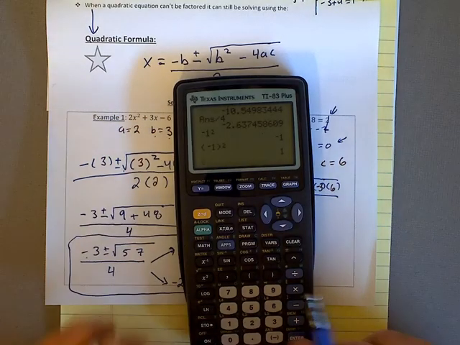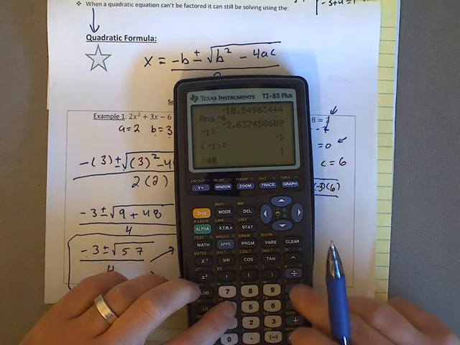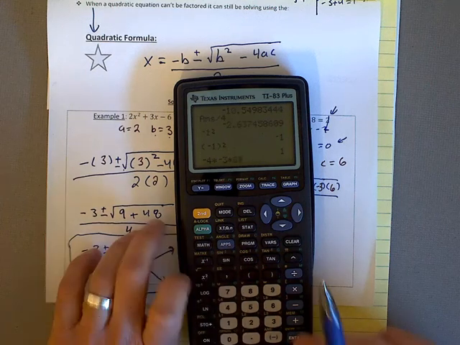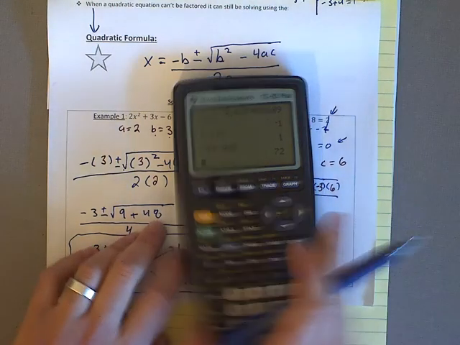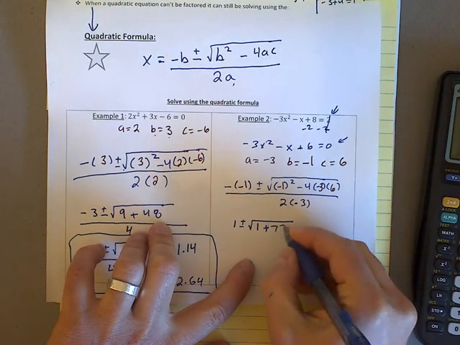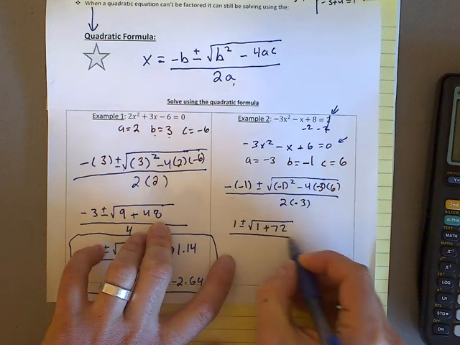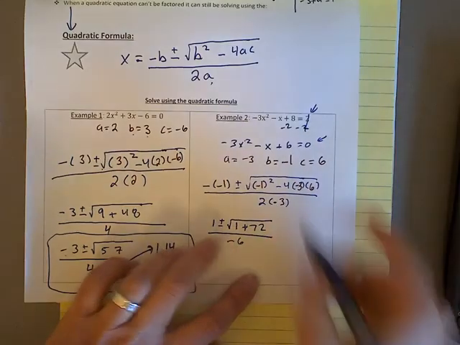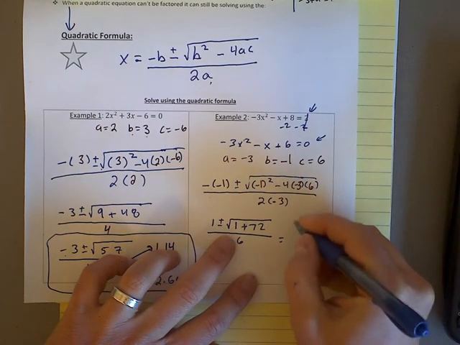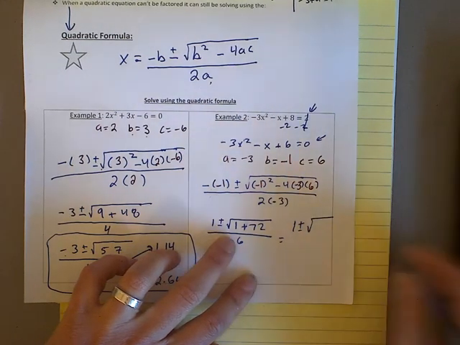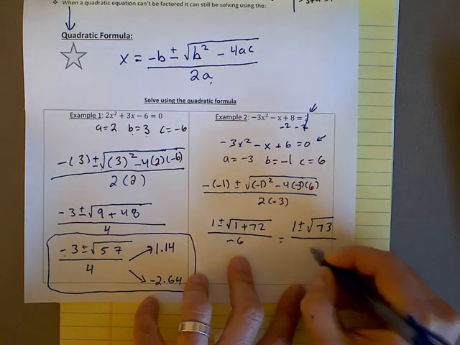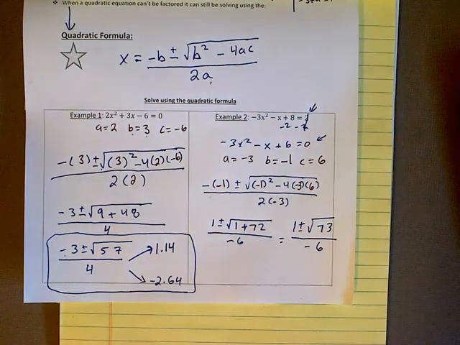Let's put that in the calculator. -4 times -3 times 6, 72. So plus 72, all over 2 times -3, which is -6. So that gives me 1 plus or minus the square root of 1 plus 72, which is 73, over -6.